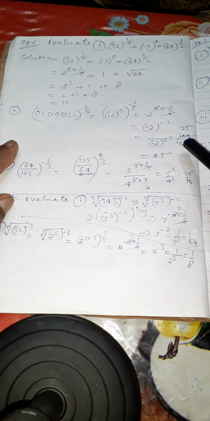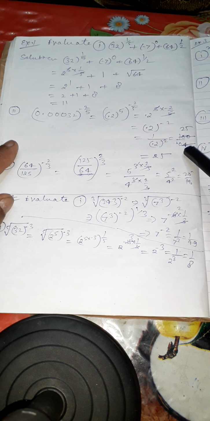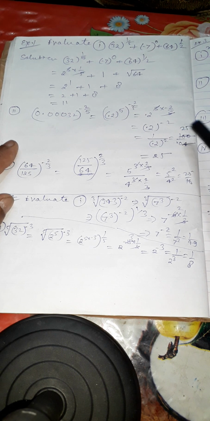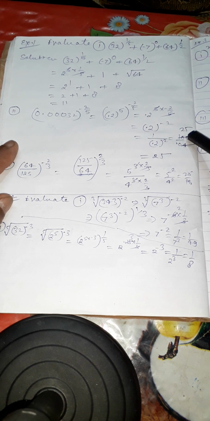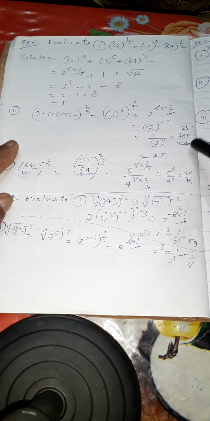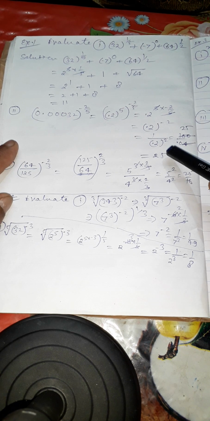So 0.2 square means 0.04. Upside it is 1, so we remove the decimal. For the two places, we put down 2 zeros. 4 is cancelled by dividing by 100, it is 25.